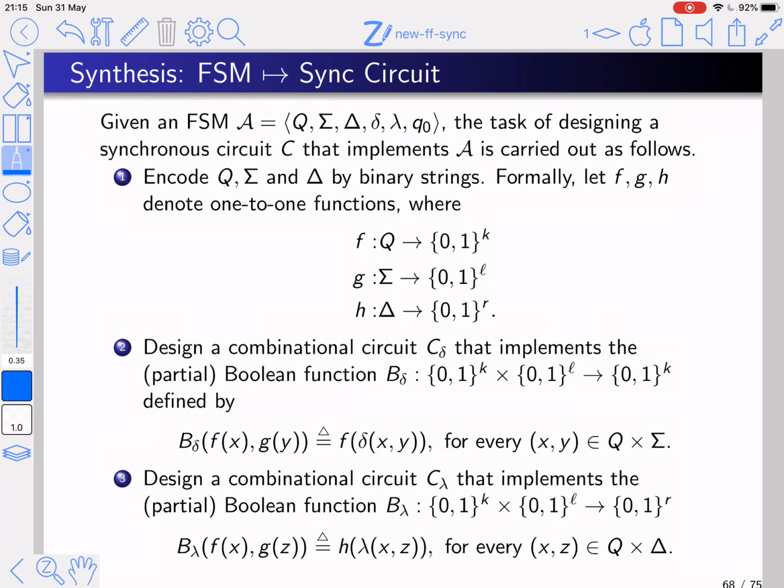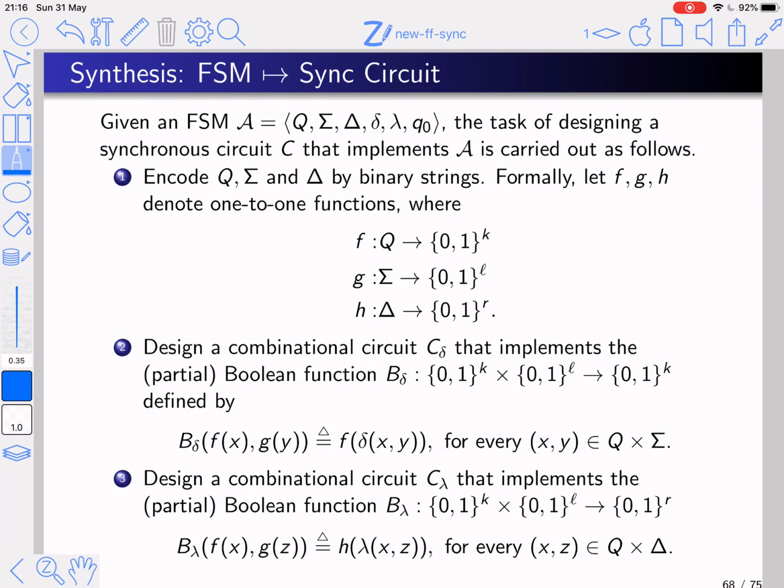Now what we want to do is to implement a combinational circuit that implements our transition function. The transition function, recall, is a function that accepts a state and an input symbol. So now we will have a Boolean function that receives a k-bit string, which represents a state, an l-bit string that represents an input symbol, and gives us a k-bit string that represents the state that we transition to.